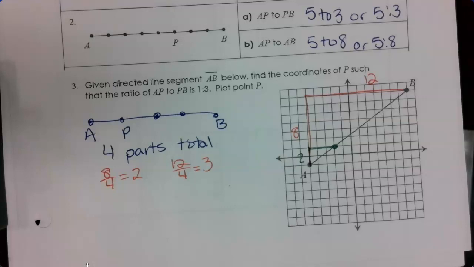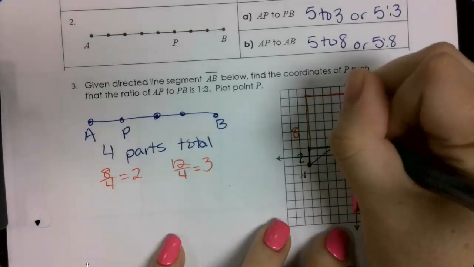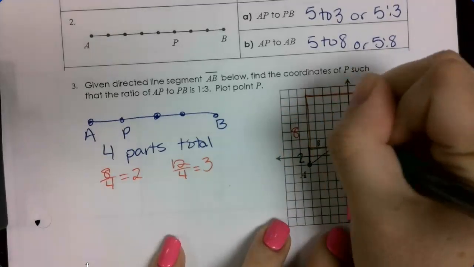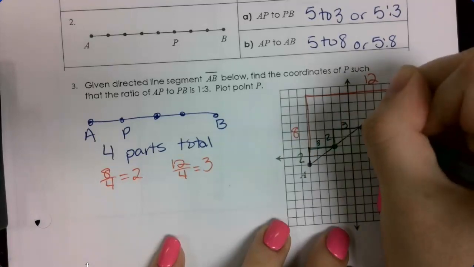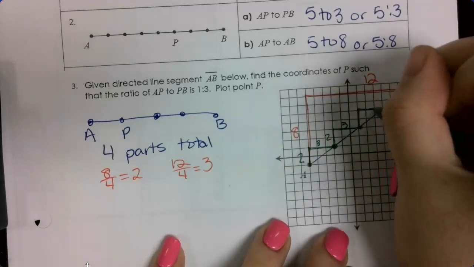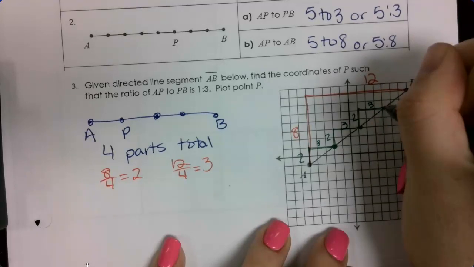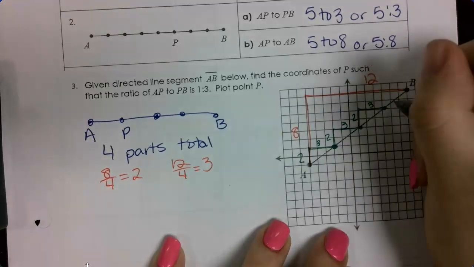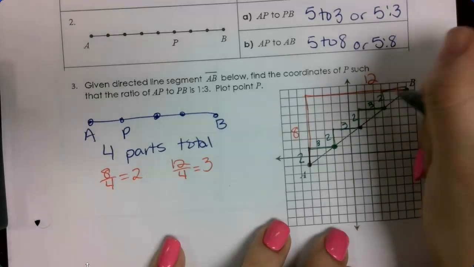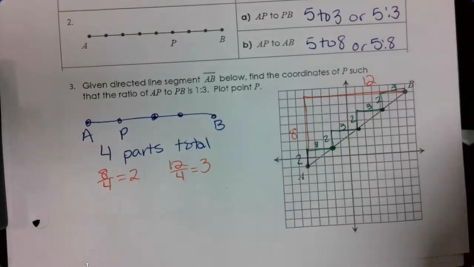And then I'm going to keep doing this until all of my points are on my graph. So I'm going to go up 2, over 3, and put another point. Up 2, over 3, plot another point. And if I go up 2, over 3 a final time, it puts me at my final point.